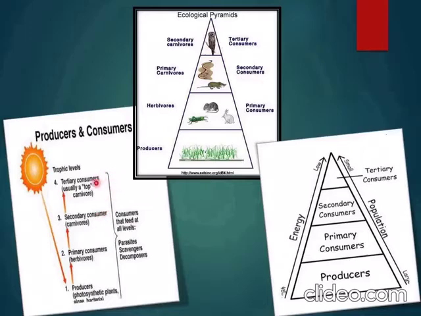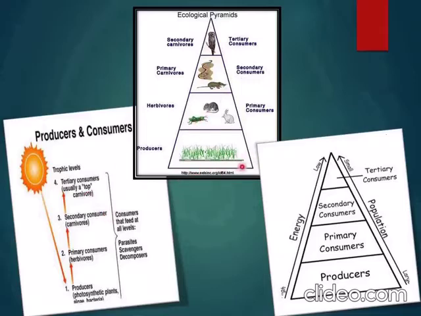Since the amount of energy available goes on decreasing at each trophic level, the energy flow is in the form of a pyramid, as the energy amount keeps on decreasing at each trophic level.